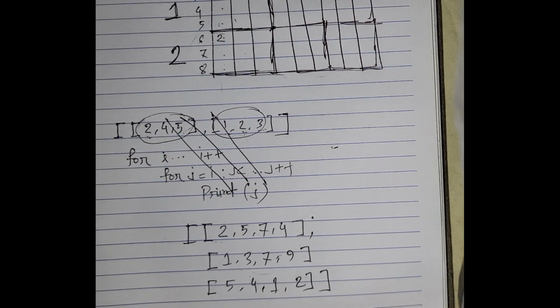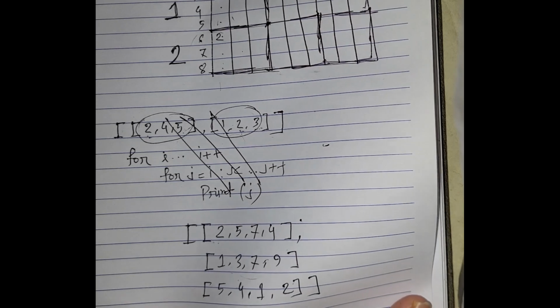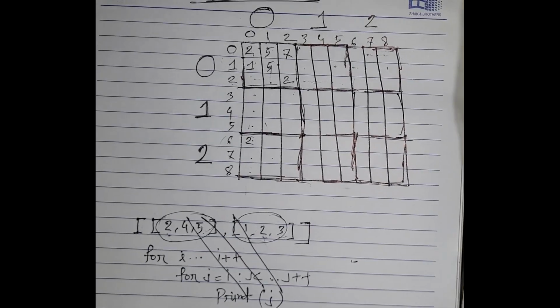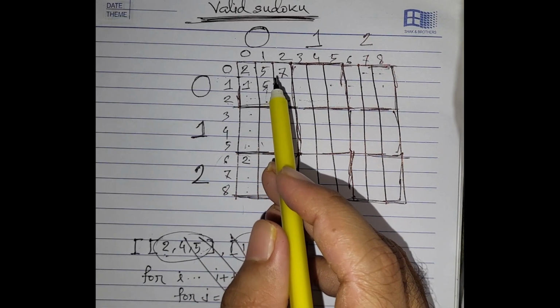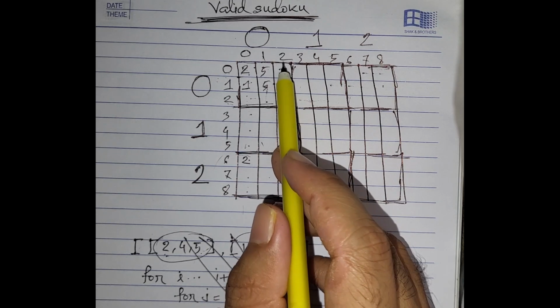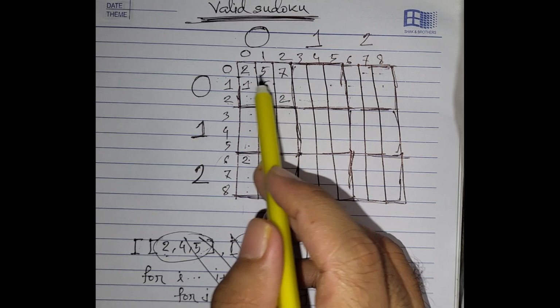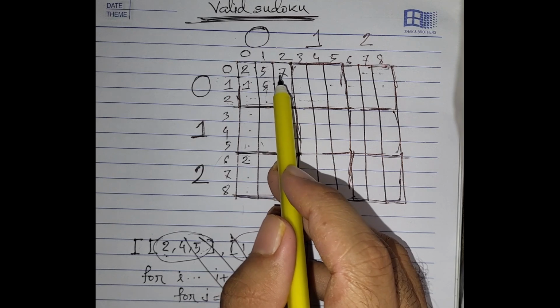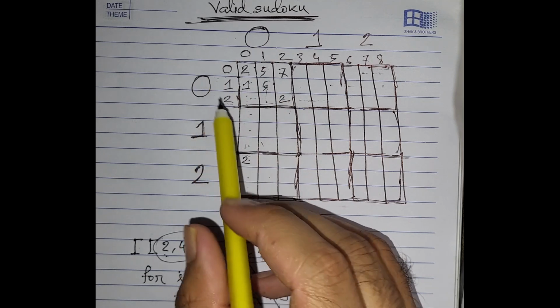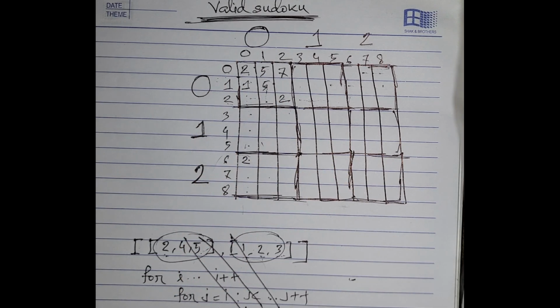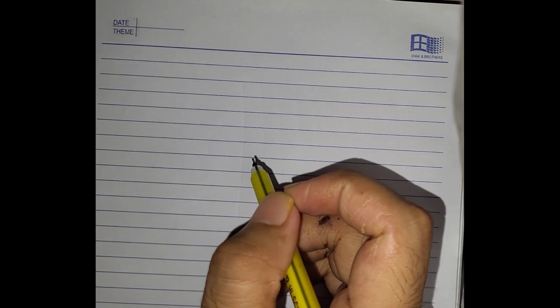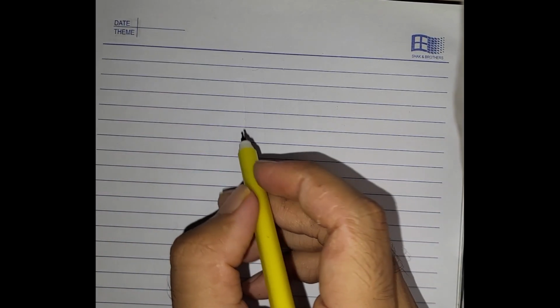Now let me show you how we are actually going to solve this. Remember what I said here, that for each value, I can identify what is its column number and what is its row number and what is its box number. I can identify that. Now let me try to run the code and show it to you.